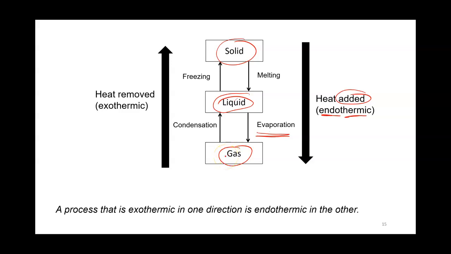If I have a gas and I remove heat from it, then it will condense and become a liquid. If I continue removing heat, it will eventually freeze and become a solid. So we say that going from a gas to a liquid or from a liquid to a solid are exothermic processes, as we need to remove heat to make those things happen.